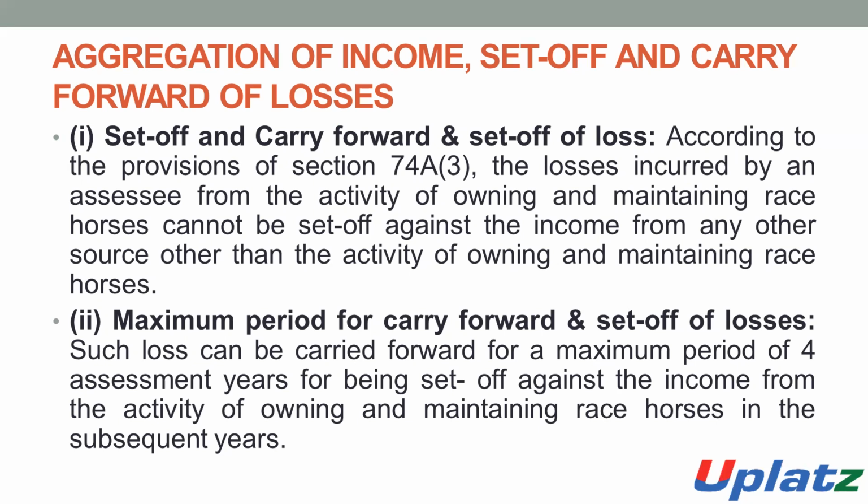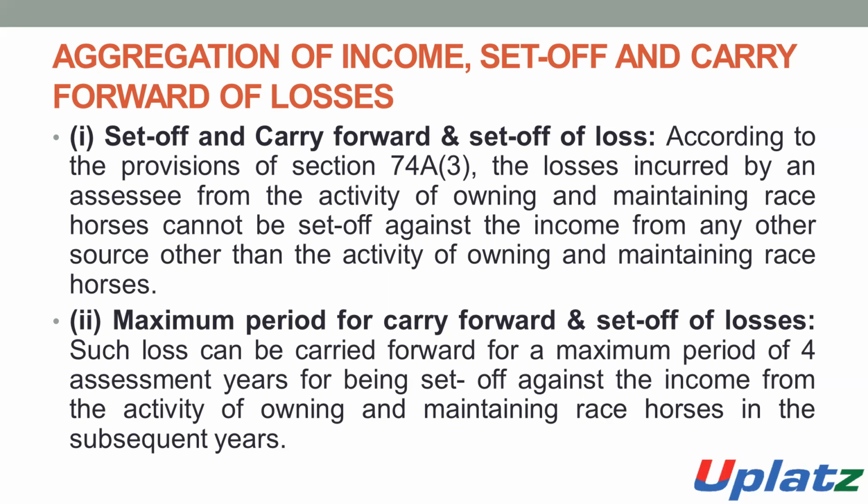So, according to the provision of section 74A subsection 3, the loss incurred from the activity of owning and maintaining race horses cannot be set off against income from any source other than that activity.